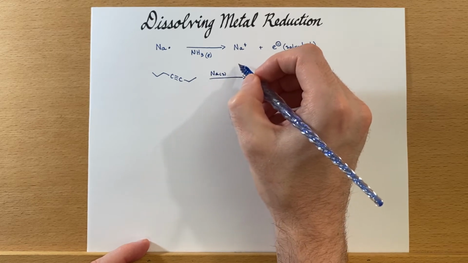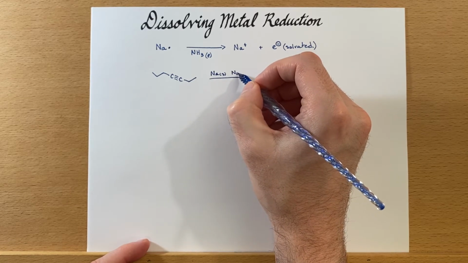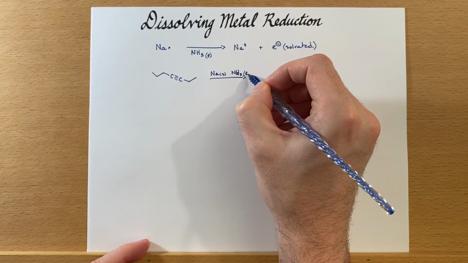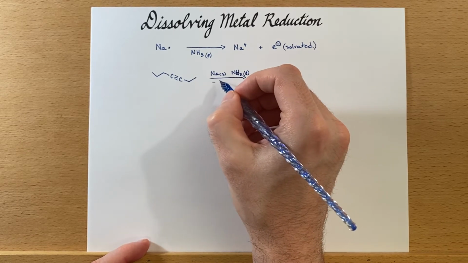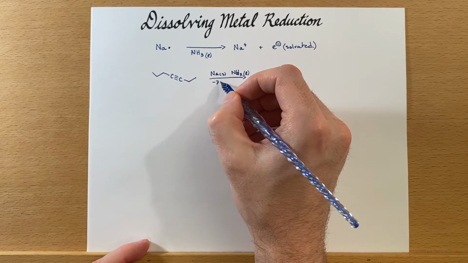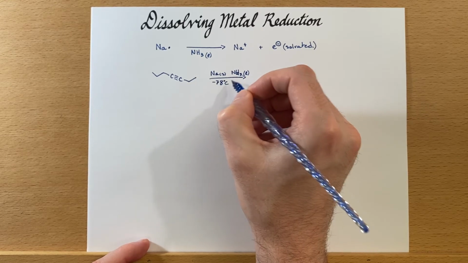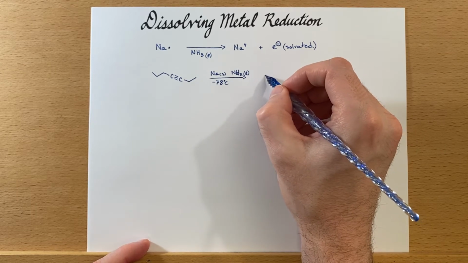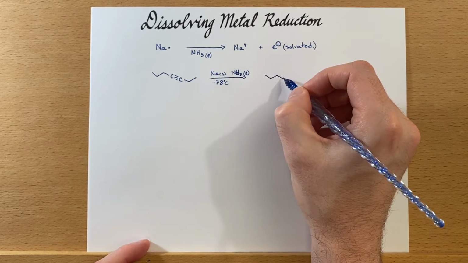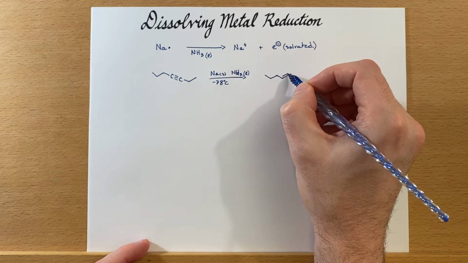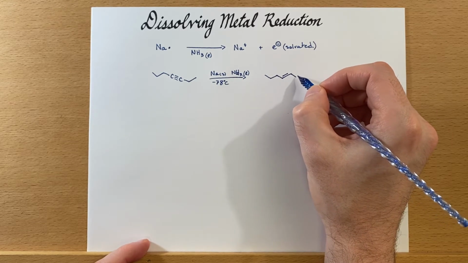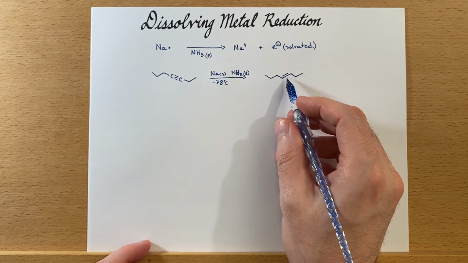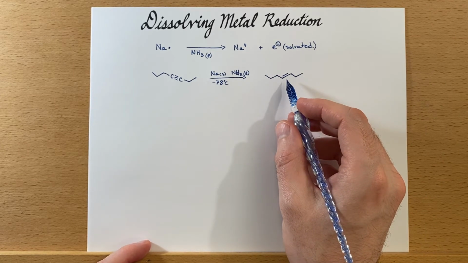So if we have some sodium and ammonia, then we'll have to have it liquid, and so in order to have it liquid, we'll use dry ice temperatures. And then something interesting will happen here. You'll notice that we get the E isomer.